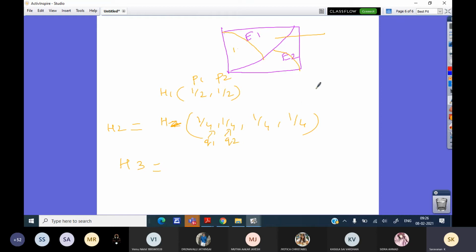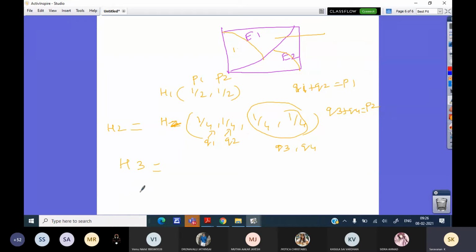By adding Q1 and Q2, I can get P1. Similarly, I can write this one, so maybe Q3, Q4. By adding Q3 and Q4, I can get my P2 value, right? P2. So what is my equation now?